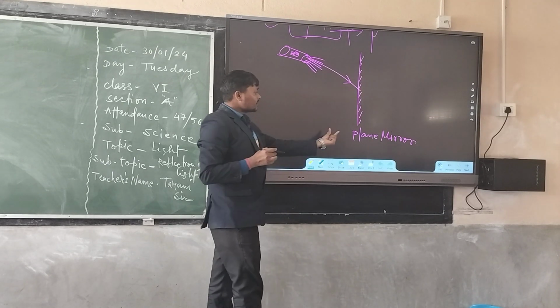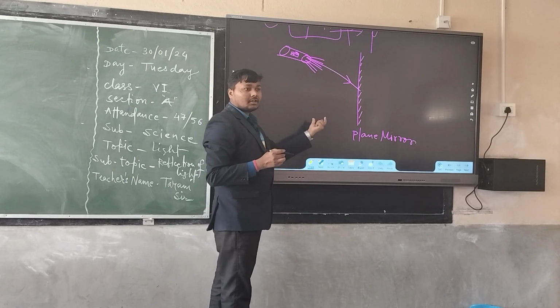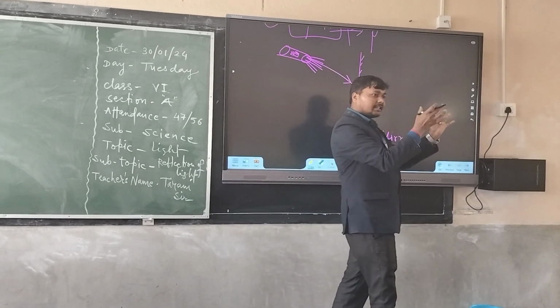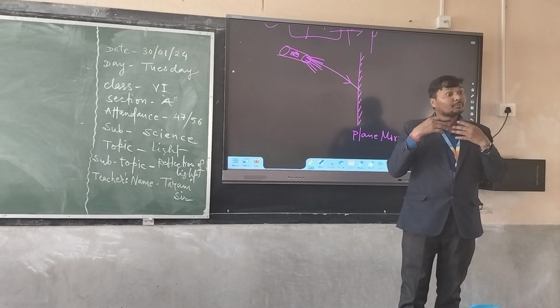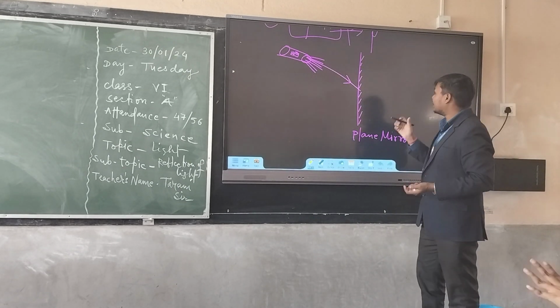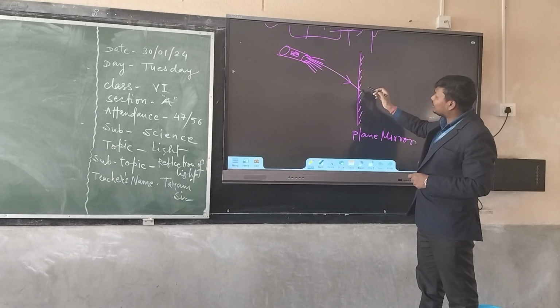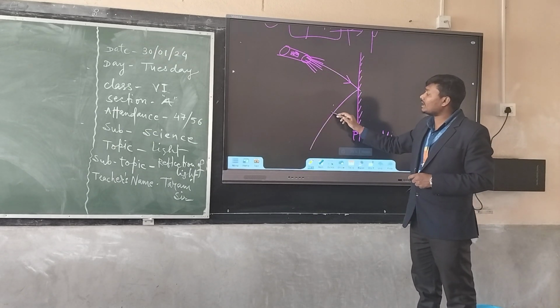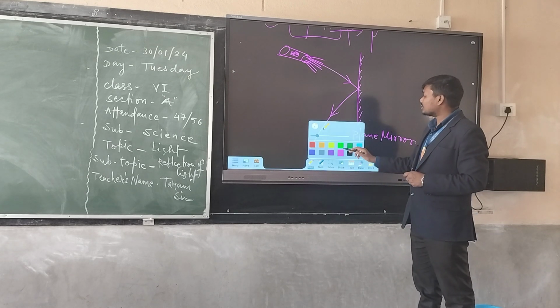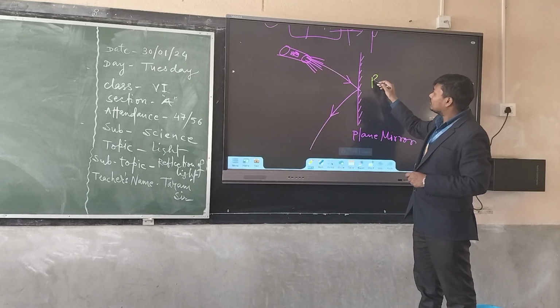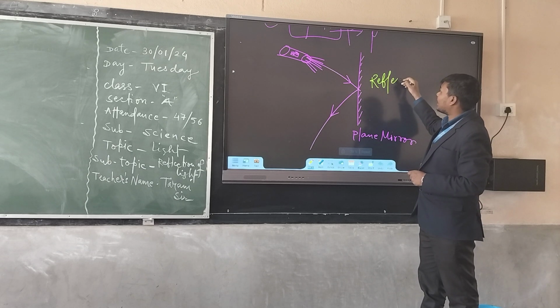Since the mirror is a reflecting surface, the light ray coming towards the mirror changes its direction and goes back to the same medium. So the light coming towards the mirror is reflected back. This whole phenomenon is called reflection of light.